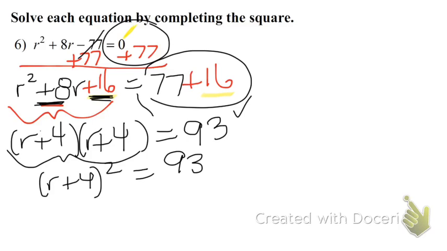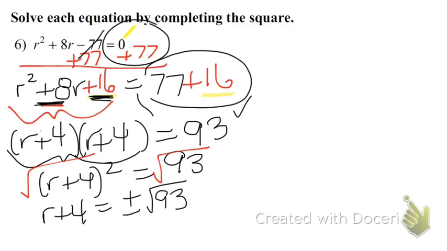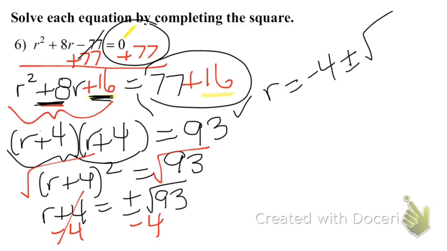Undo the square root both sides, and you get that r plus 4 equals plus or minus the square root of 93. Subtract the 4, which is going to make it a negative 4 on the other side. Okay, and I have r equals negative 4 plus or minus the square root of 93.